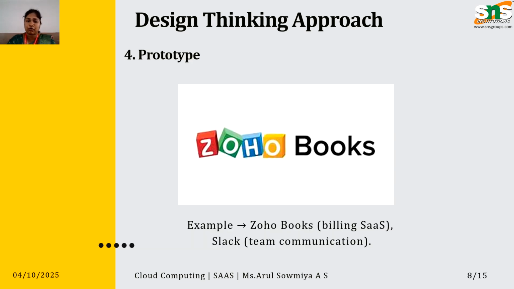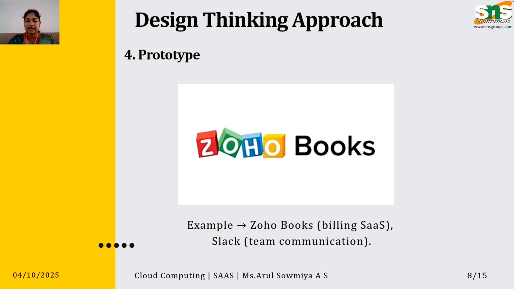The next one is prototype. Prototype in the sense it has a bunch of items which we want to collaborate in a single process. So for example, in Zoho Books, the billing SaaS has a large number of data storages, and we can access the process in a single data process.